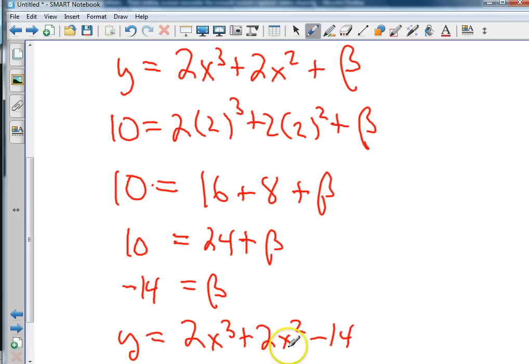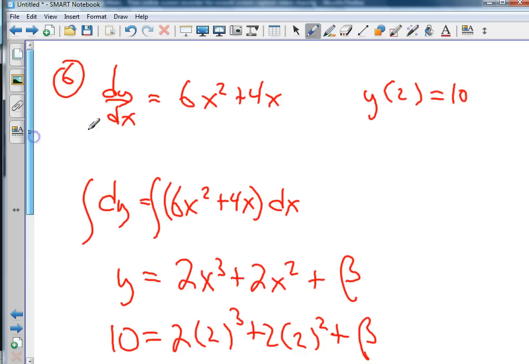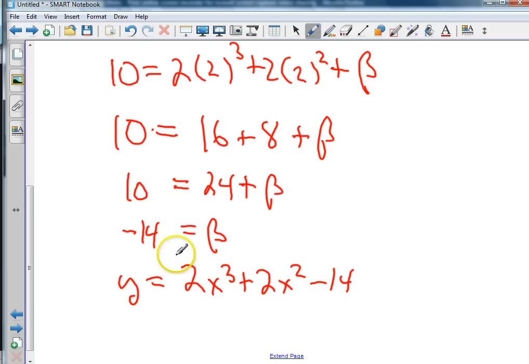So not only does the derivative of this equal this, but if you plug in 2, you're going to get 10. It's the only such function that gives you 10. Let's see, if I plug in 2, 2 cubed is 8 times 2 is 16. 2 squared is 4 times 2 is 8.